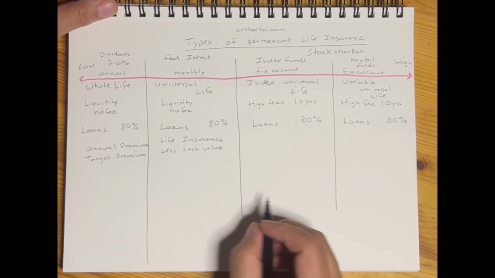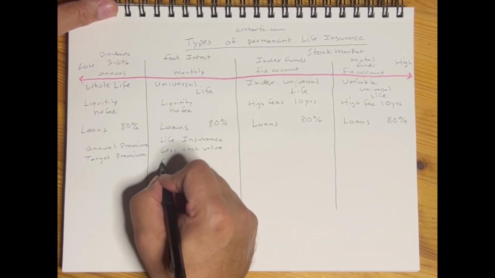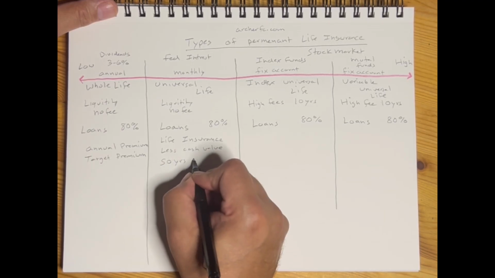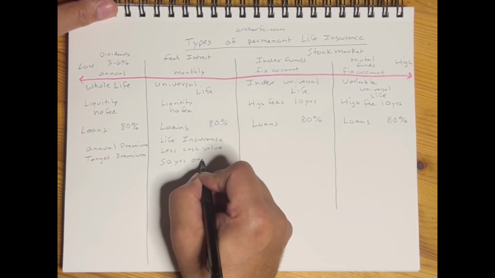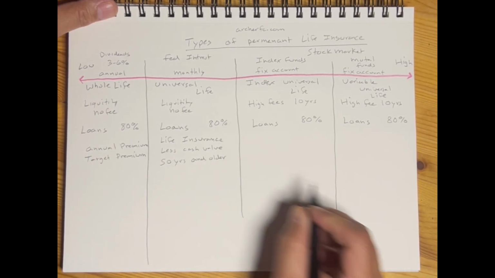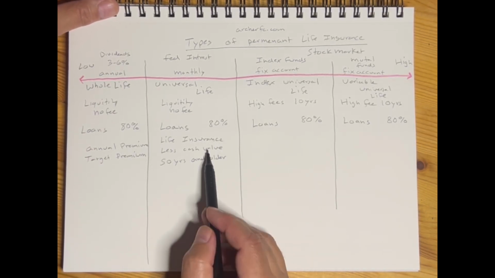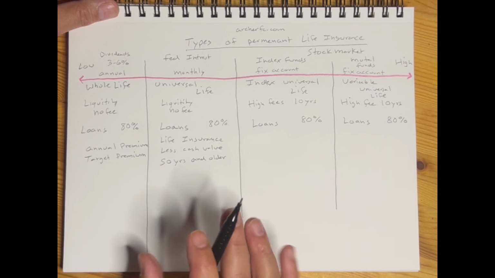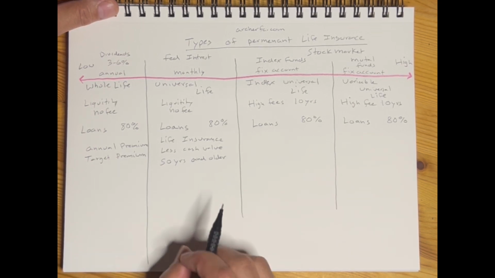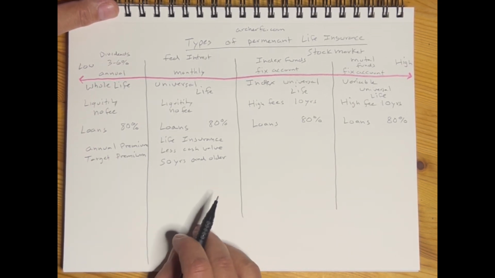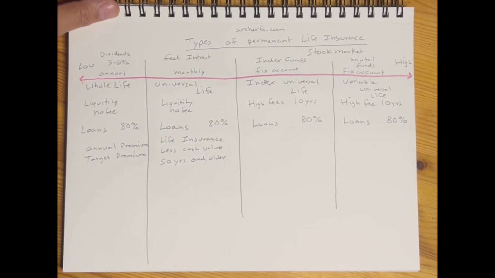The reason being is that these products are usually geared to people who are about 50 years or older. So the premium payments are going to pay for more of your life insurance and less in the cash value. So if you're not really concerned about cash value and you're more concerned about life insurance, Universal Life may be a better product for you.